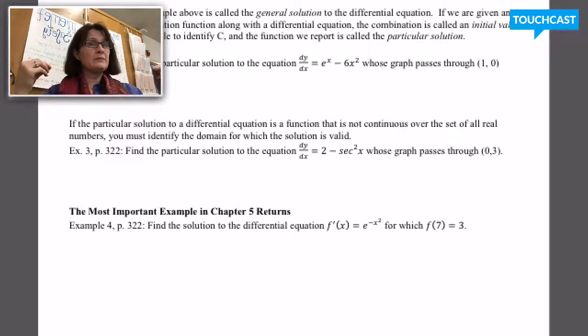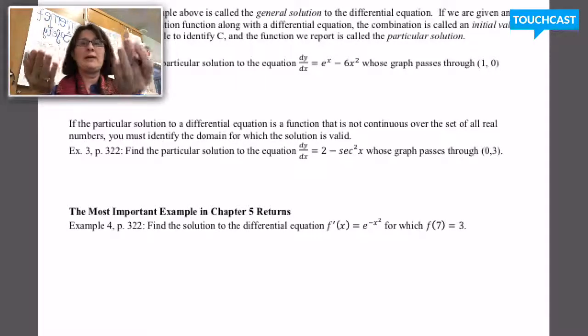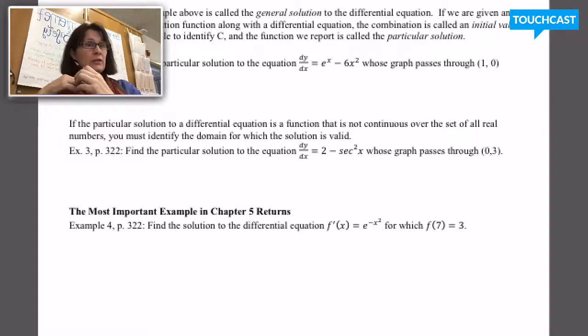That problem, which is a differential equation combined with one ordered pair from the function you're trying to find, is called an initial value problem. And the solution to an initial value problem is called the particular solution to the differential equation. If it has a plus c, it's a general solution. If you can figure out what c is because you have more information, then the function you're giving as your answer is the particular solution.